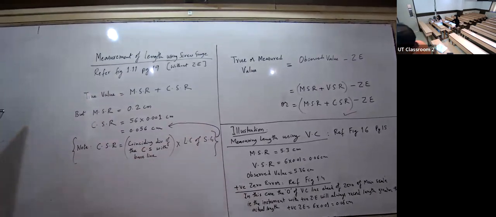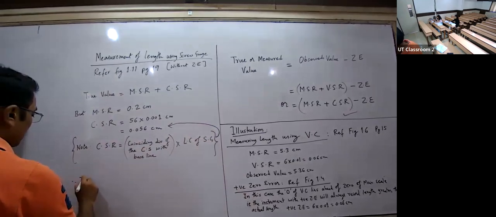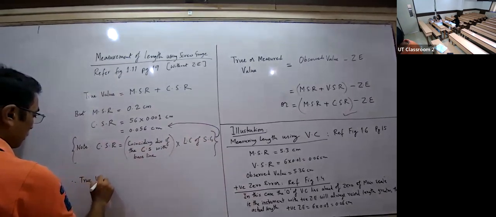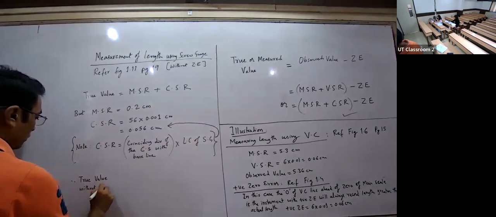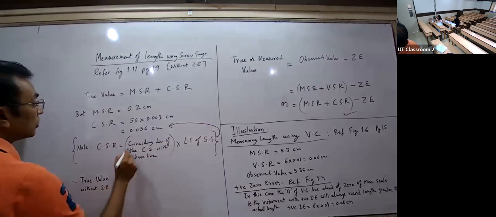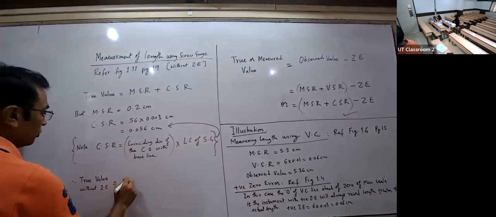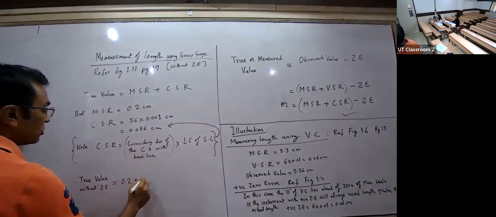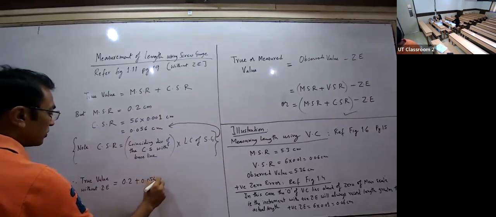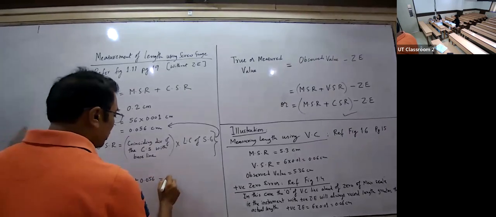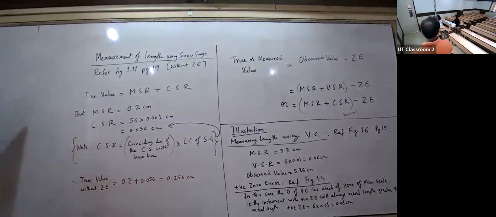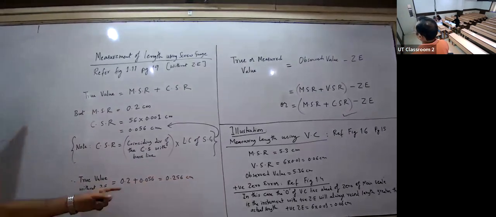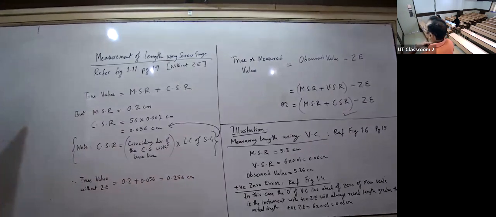So now what is the true value without zero error? MSR was 0.2 plus CSR was 0.056. How much is this? 0.256. So this is the observed value, which is the same as without zero error, the same as the true value.